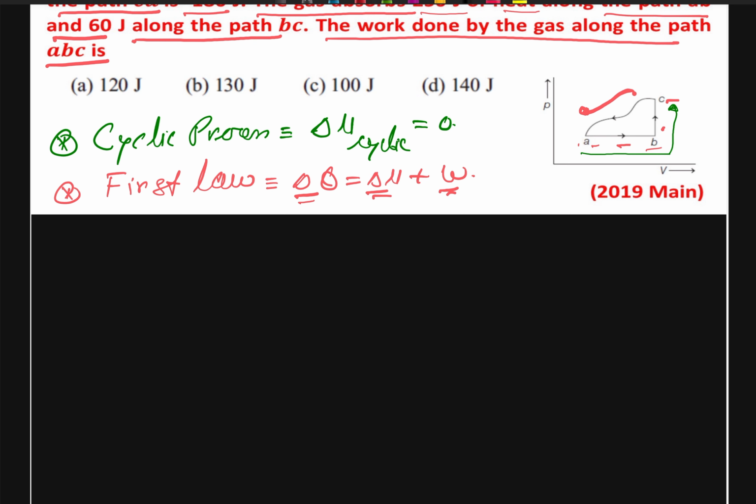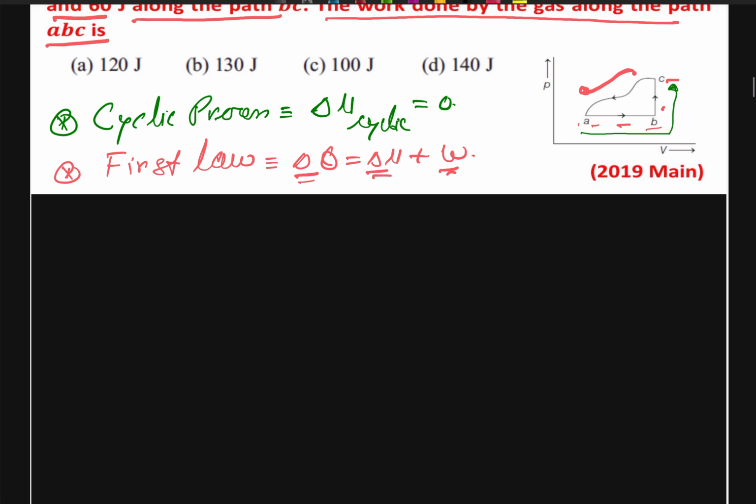And for the path CA, we are given that our delta U CA is minus 180 joules.